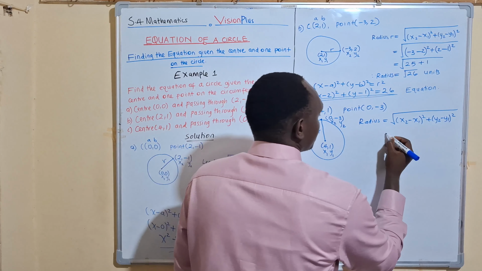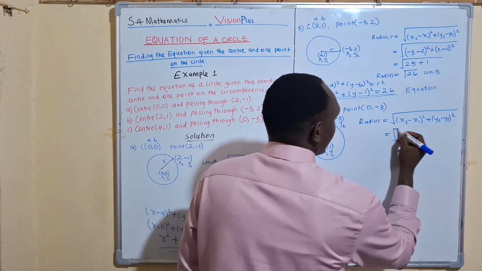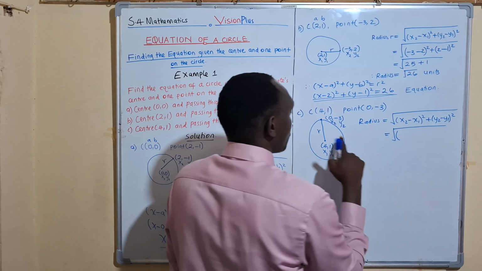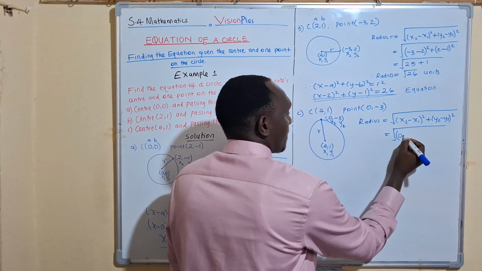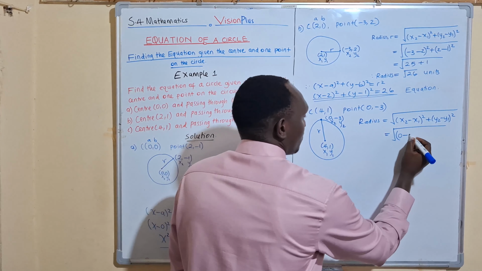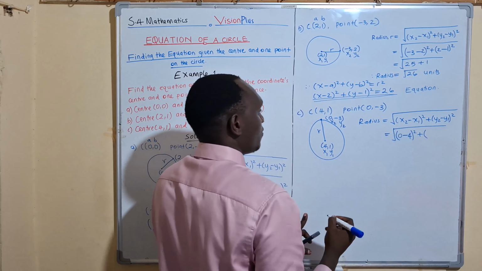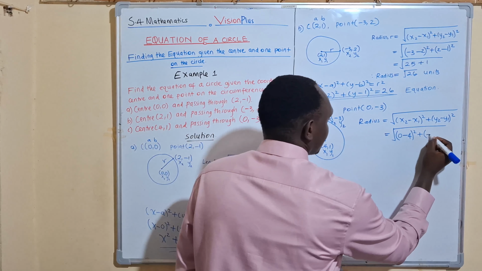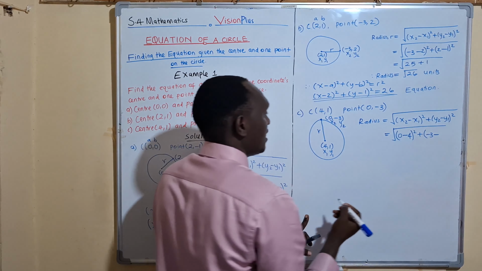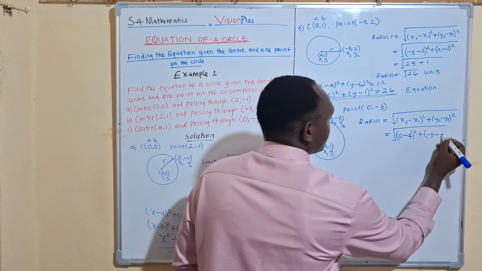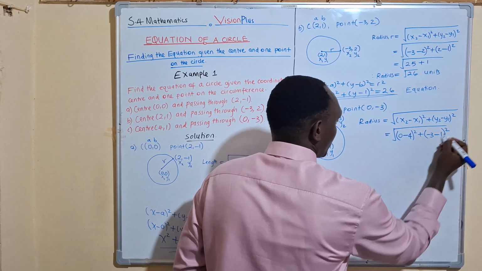Then you substitute. This gives us the square root of (x2, which is 0, minus x1, which is 4) squared plus (y2, which is negative 3, minus y1, which is 1) squared.